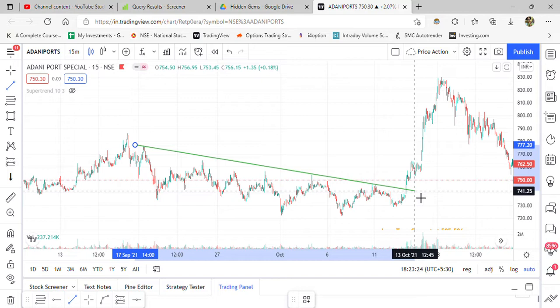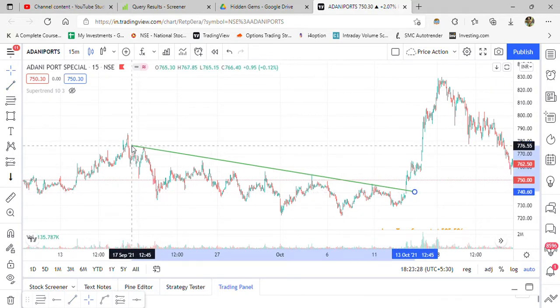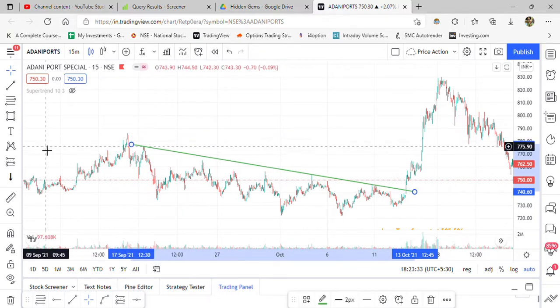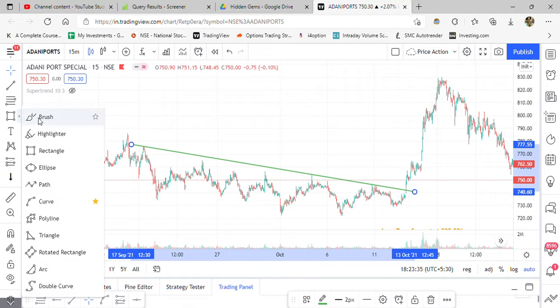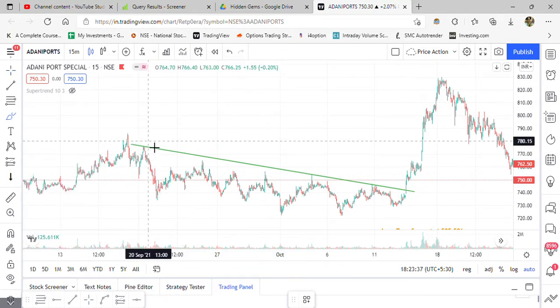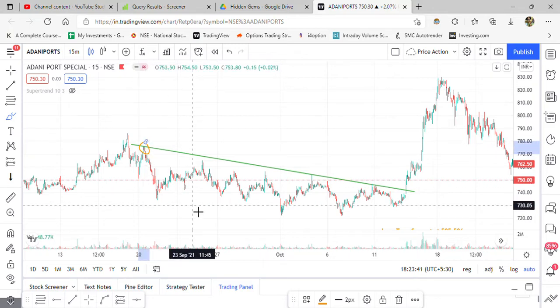this was the trend line. Okay, so now as you can see, the stock took a resistance here. This is basically the upper trend line.